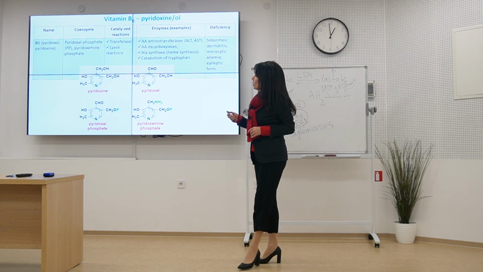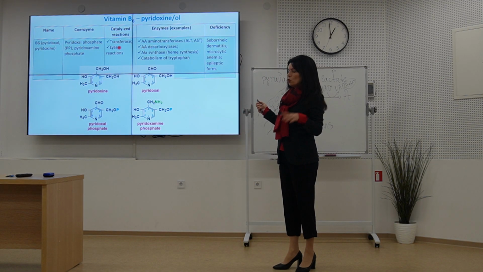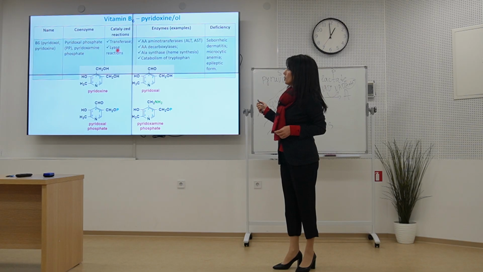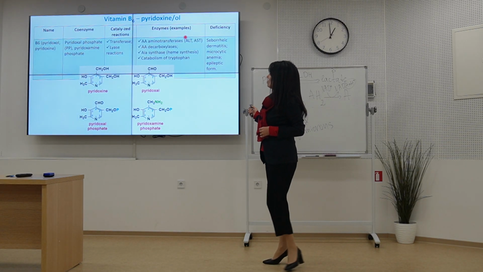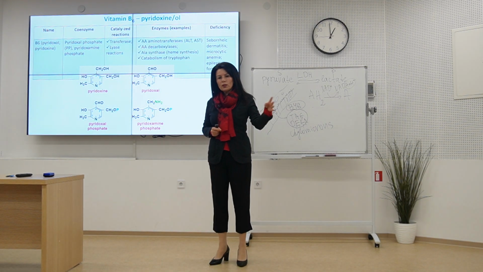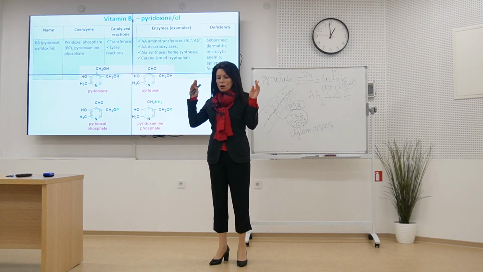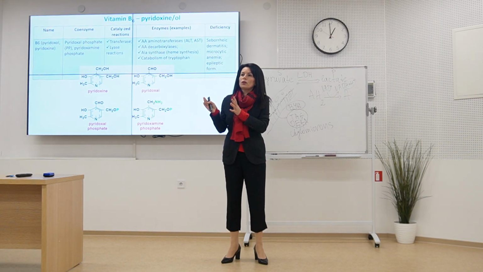Where is pyridoxal phosphate used? It is used in transferase reactions or some ligase reactions, mostly in amino acid metabolism, with the transfer of amino groups and carboxyl groups. What will be the name of the removing of amino groups?